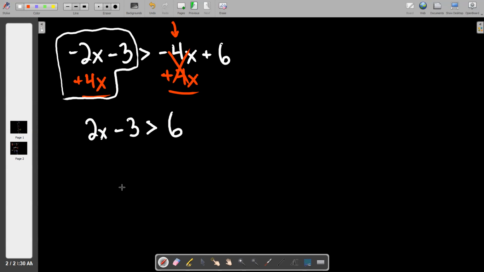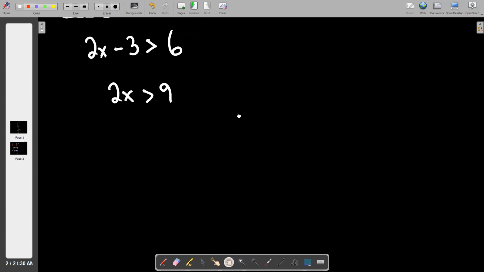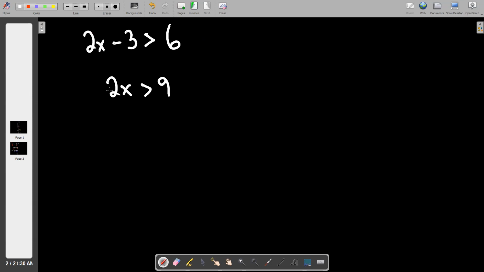Next step. Add 3 to both sides, and I get 2x is more than 6 plus 3. Next step. Divide by 2, because the 2 now has to get detached off of the x, and I get x is greater than 9/2. And again, graphing, open circle, shade to the right.